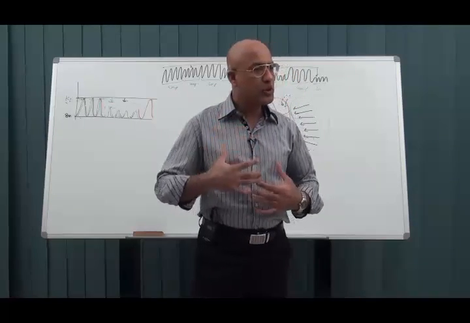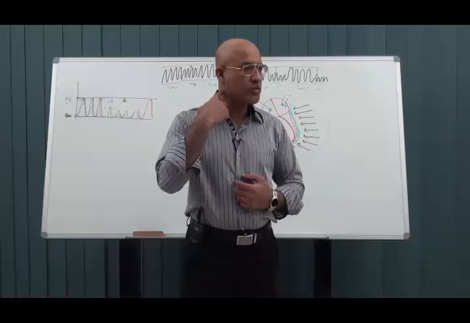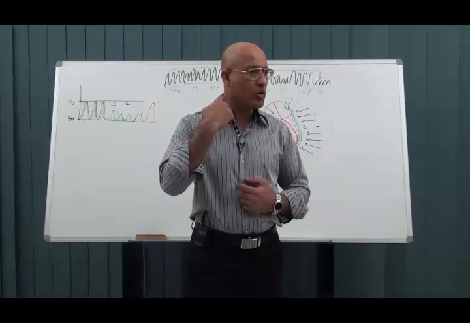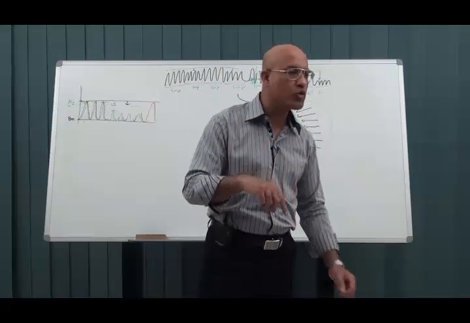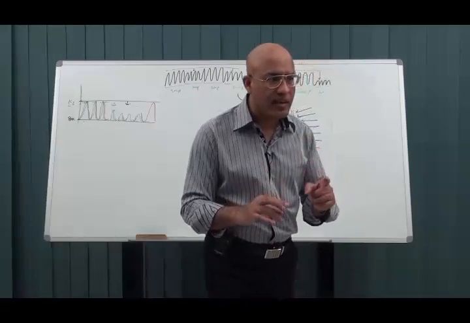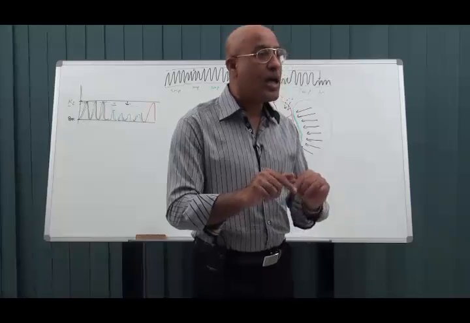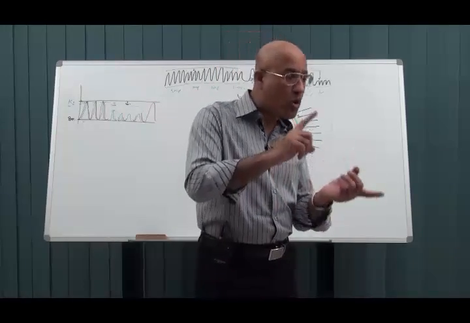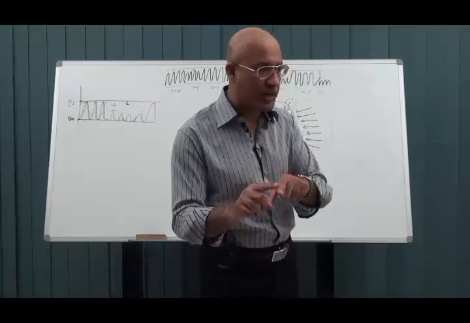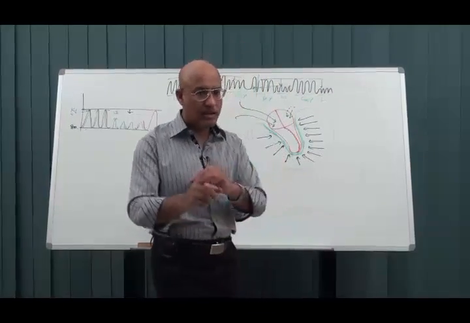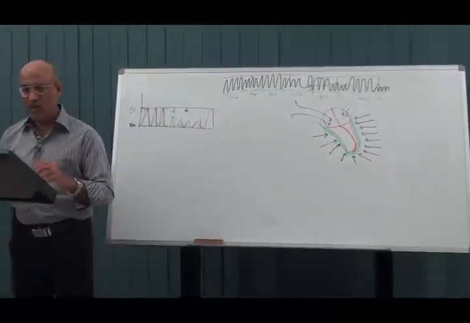But if during inspiration jugular venous pressure fails to go down or even goes up, this is called Kussmaul sign. Kussmaul sign is present less often in cardiac tamponade and more often in constrictive pericarditis. That I will explain in the lecture on constrictive pericarditis.